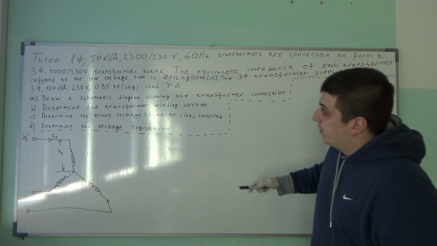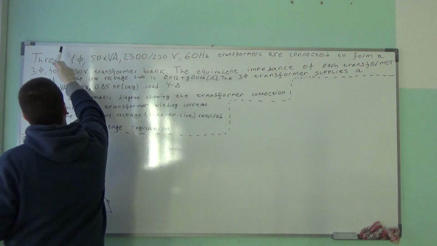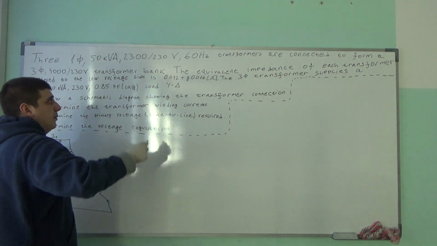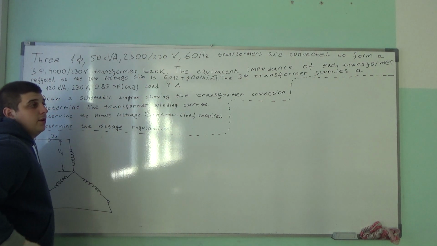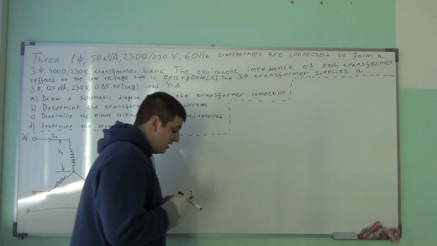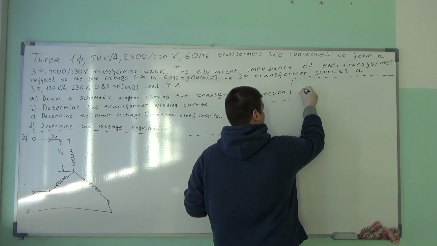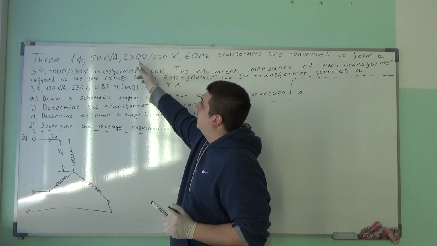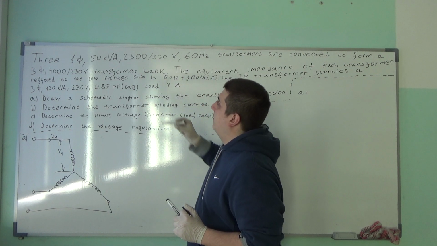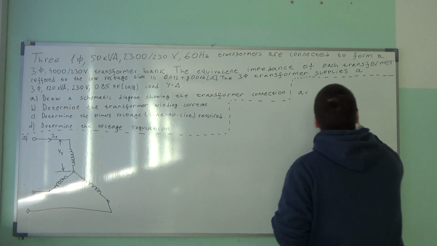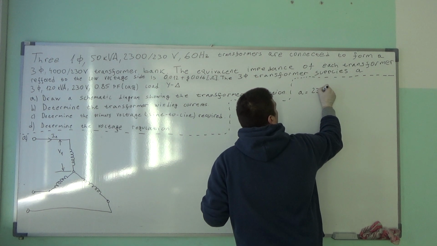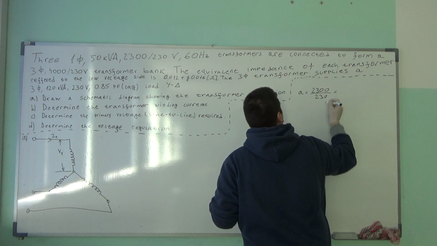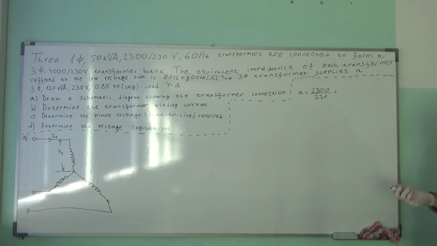Now the turns ratio for all of these transformers, we can look at their rated voltages, and the turns ratio is 2300 divided by 230 volts, and that is equal to 10.